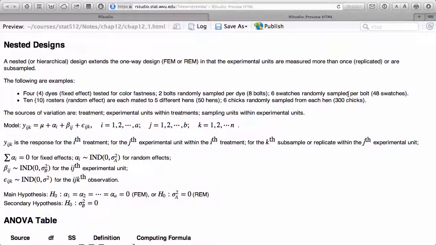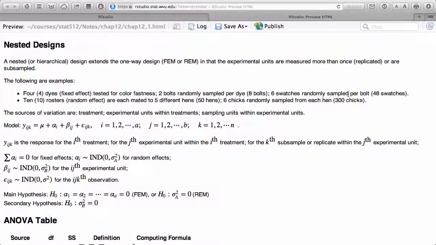Now the beta is going to be a random effect. I'm not interested in the specific subsamples. First of all, they're specific to a particular individual. Now, the alpha, which is the treatment effect, could be fixed or random. So you could have a completely randomized nested design in which you have a main effect, the treatment effect, which is random, and then the experimental units within that are random, and then the subsamples of that are random.